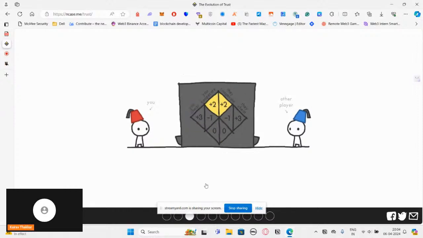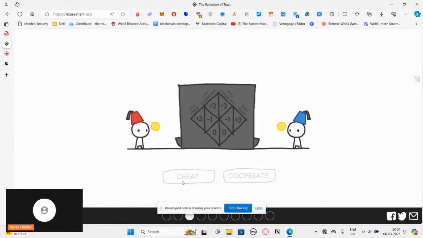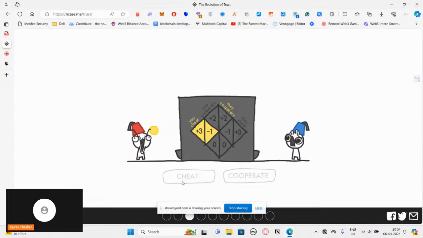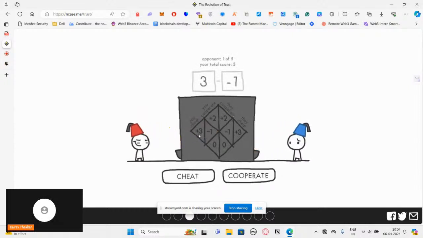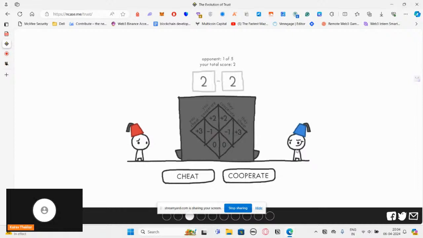Let's see what happens when you do this more than once. The first time we want to cheat, because even if he cheats and we don't, he would get +3 and we get -1. Just on the safe side, we are going to cheat. Okay, they cooperated, so 3 and -1. Now let's understand what if we cooperate. So now they cheated.